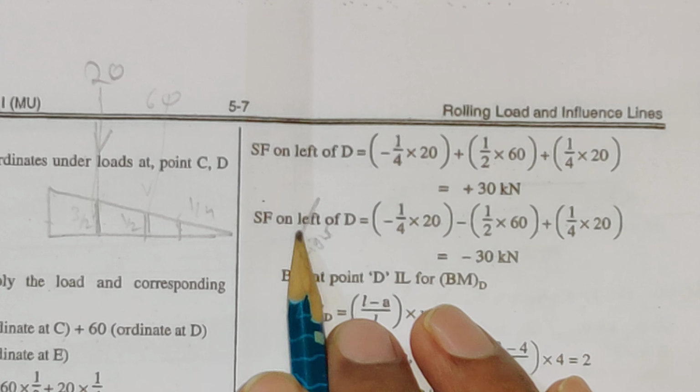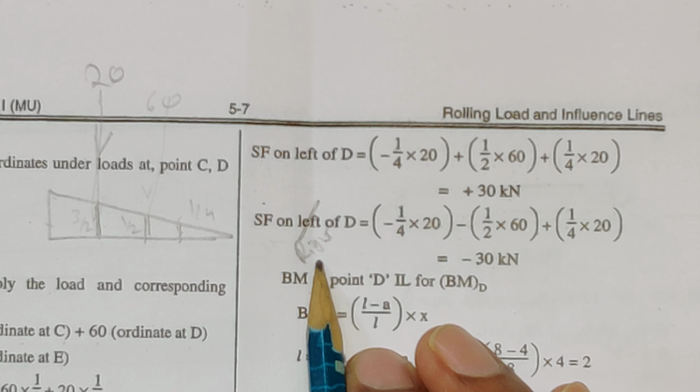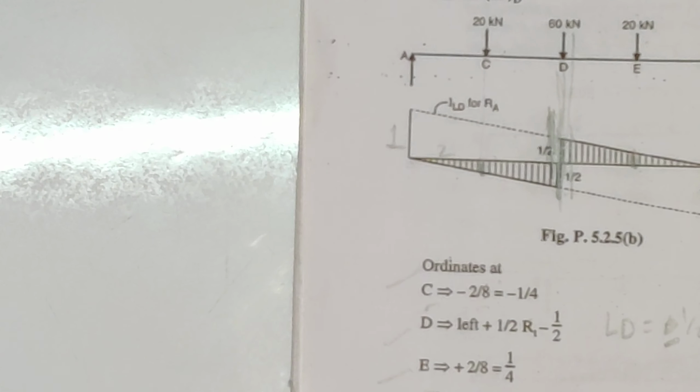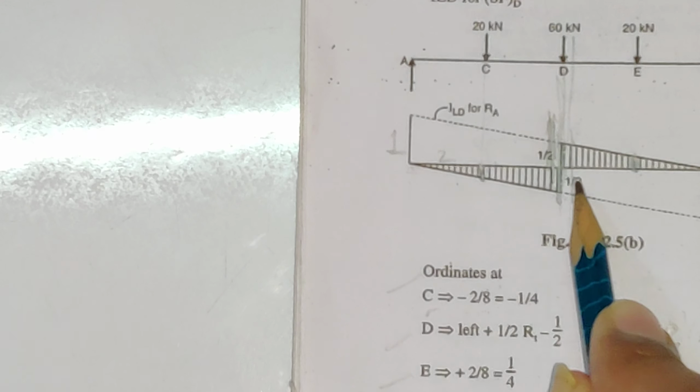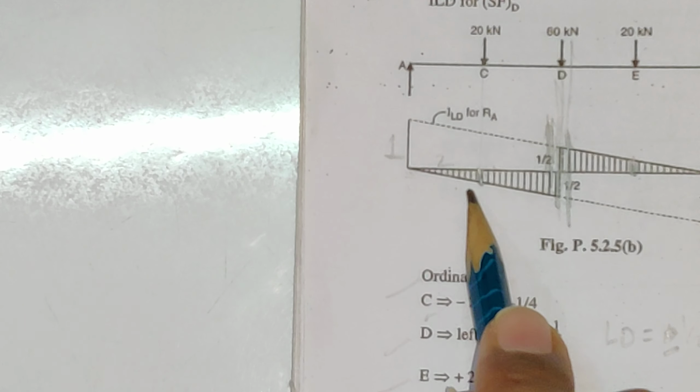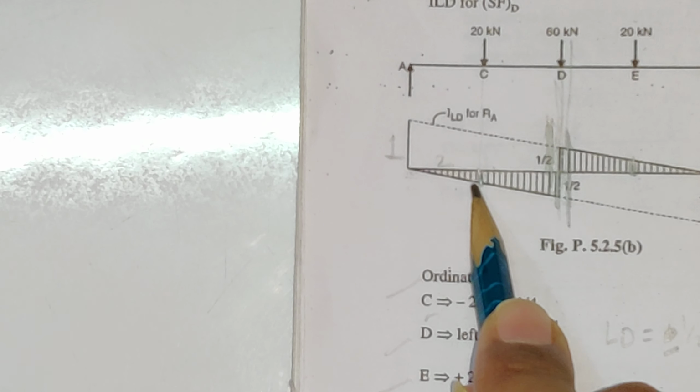Similarly, shear force on the right of D is equal to, if we consider this diagram, right of D, here we consider, then minus 1 by 4 into 20.